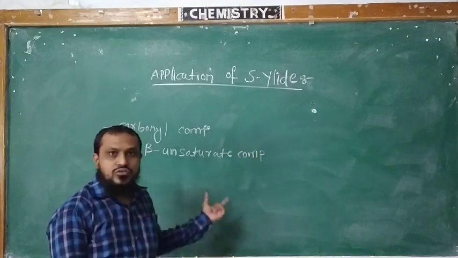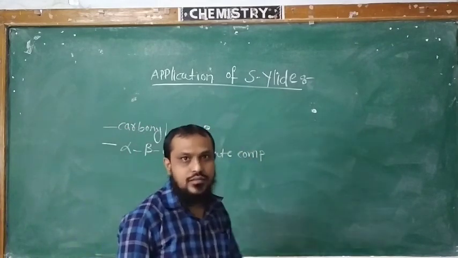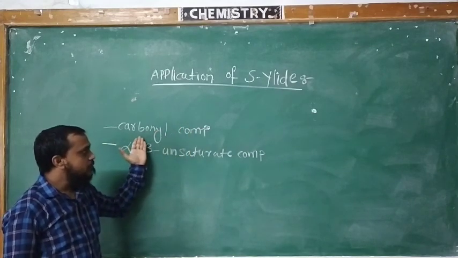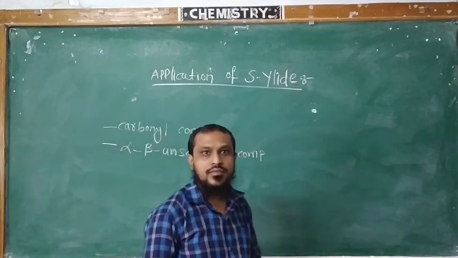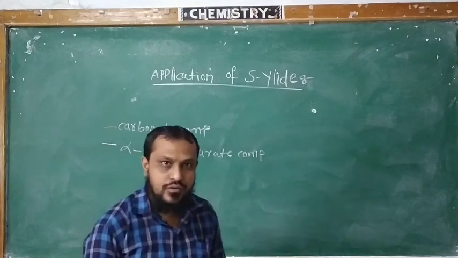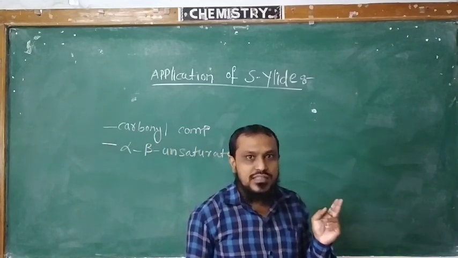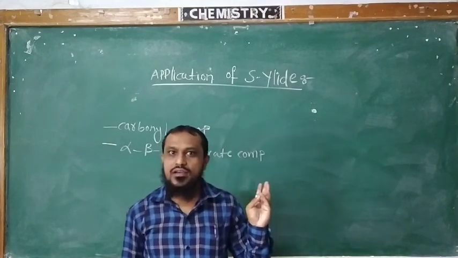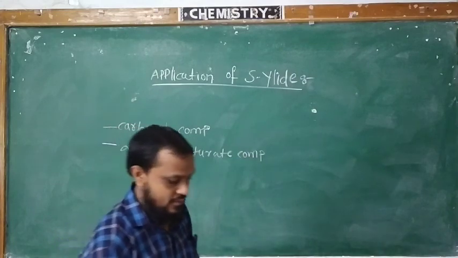Okay, these are the two substrate molecules generally used in application of sulfur ylide. It means the sulfur ylide will react with carbonyl compound as well as alpha beta unsaturated compound to form epoxide and cyclopropane compound. So the two mostly used synthetic applications of sulfur ylide are formation of epoxide and formation of cyclopropane compound. We will see both one by one.